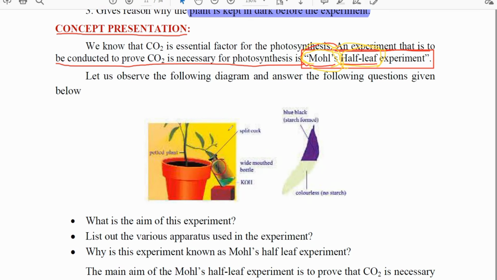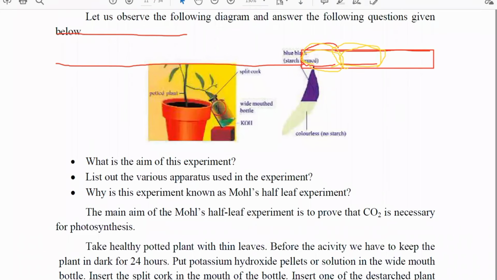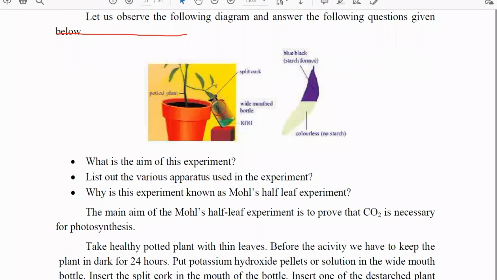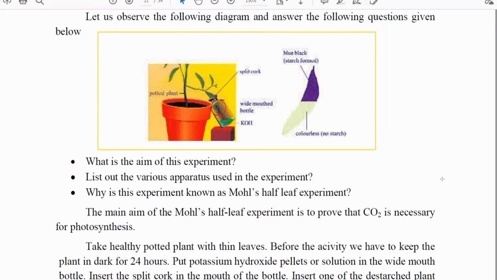Next, you can go through the picture. Let us see this picture here, and also what the aim is. Here three questions are there.